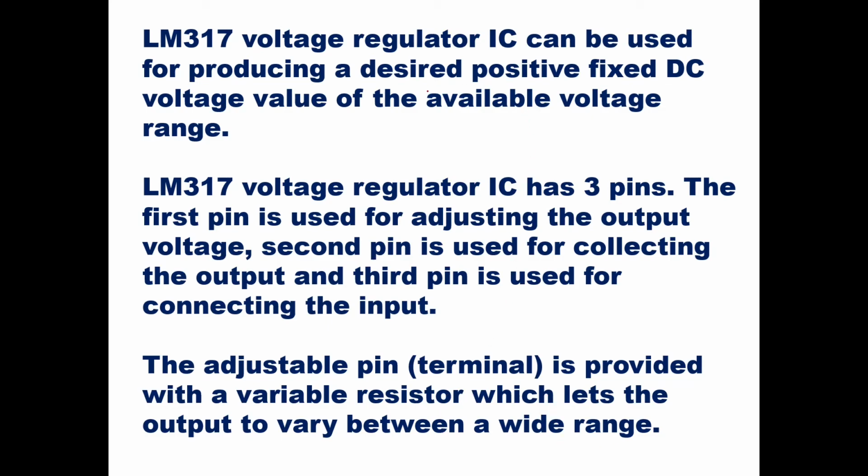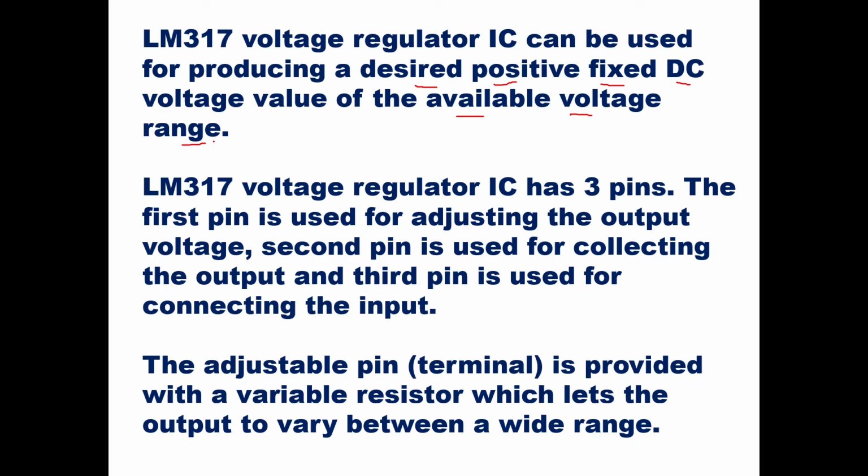These words are important here: desired positive fixed DC voltage value of the available voltage range. So in a given range of voltage, whichever voltage you want as output, you can design for that, you can fix for that.